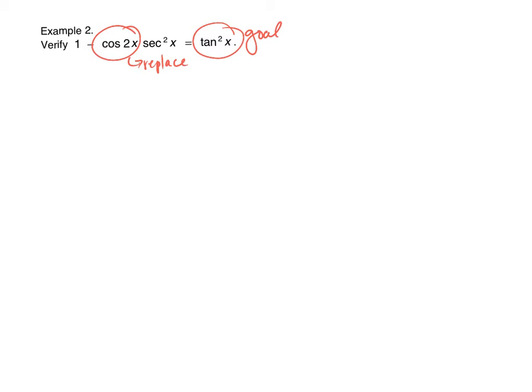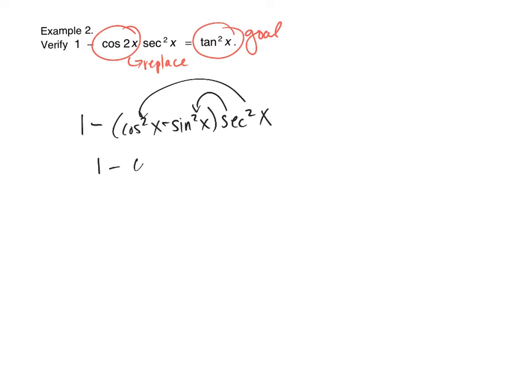So we're going to say 1 minus cosine squared, we're going to use x instead of theta since our variable is x, minus sine squared x, all times secant squared x. We're going to distribute secant squared into my parentheses. So I get 1 minus cosine squared x secant squared x minus sine squared x secant squared x.